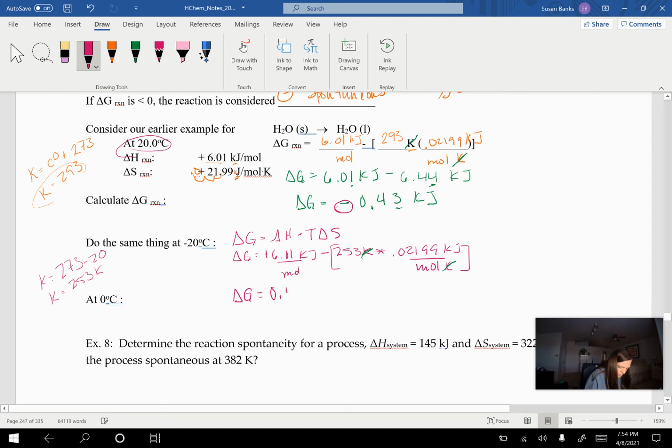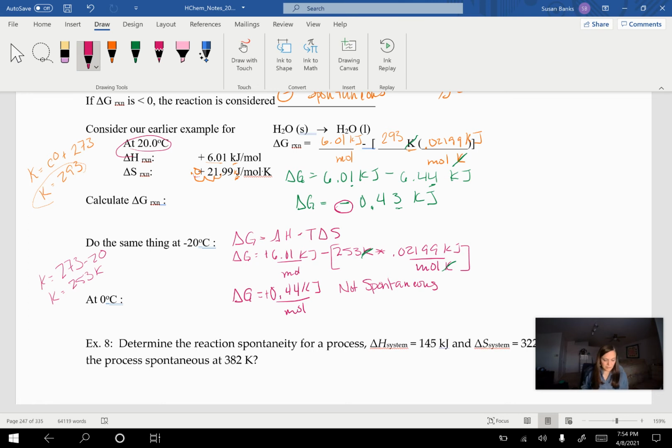We get a positive 0.44 kilojoules per mole. Okay, so that is a positive. So we know that this is not spontaneous. And we would expect that.